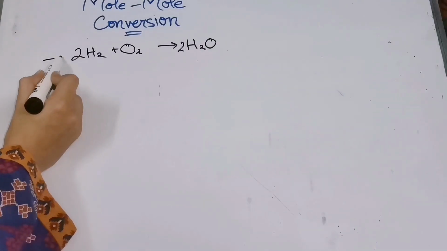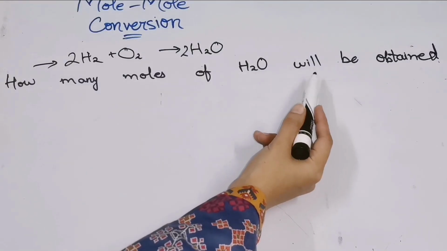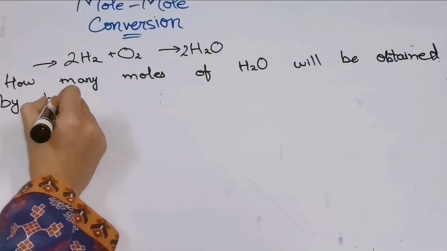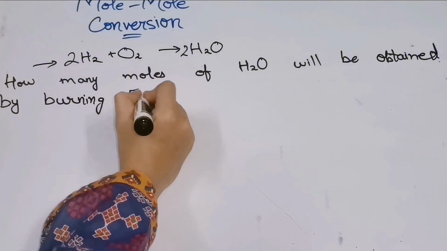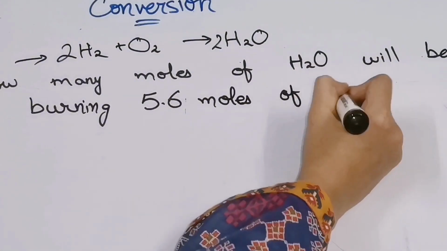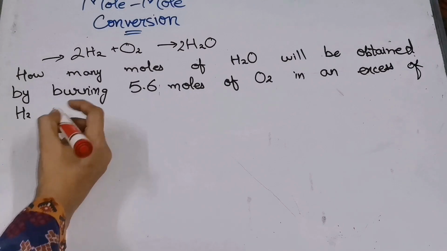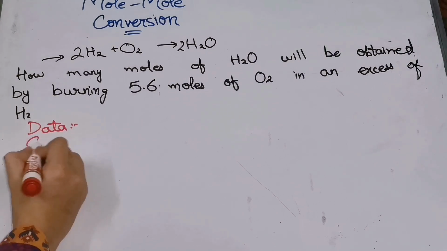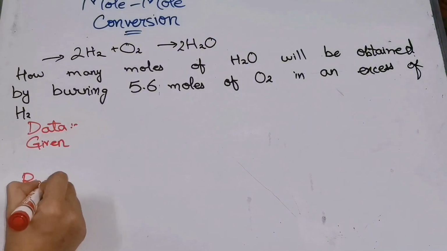This is the balanced chemical equation. How many moles of H2O will be obtained by burning 5.6 moles of O2 in an excess of H2? Let me solve this question with headings. First we will give the heading of data and then given. Then I will write over here required.